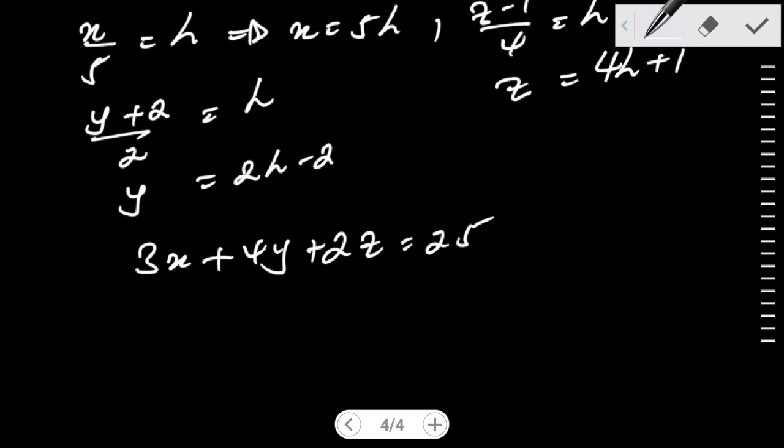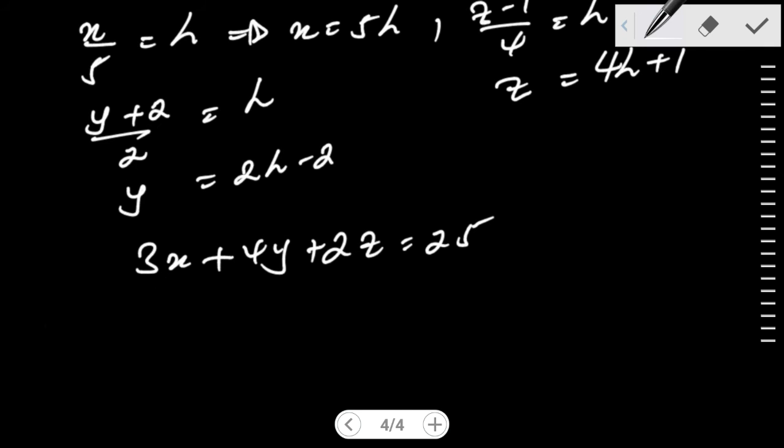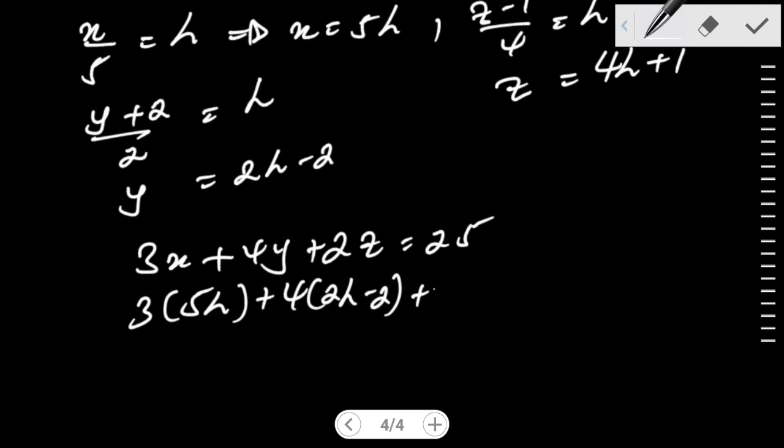Now you come here and say that I have x, so 3 into 5 lambda, plus 4 into y, which was 2 lambda minus 2, plus 2 into z, which is 4 lambda plus 1, close this, is equal to 25.